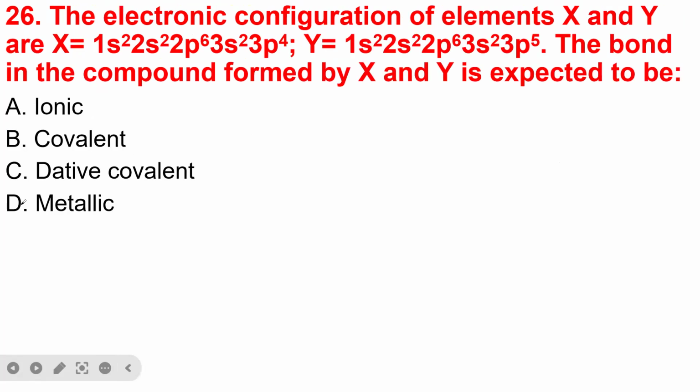Then question 26: the electronic configurations of elements X and Y are X: 1s2, 2s2, 2p6, 3s2, 3p4, and Y: 1s2, 2s2, 2p6, 3s2, 3p5. The bond in the compound formed by X and Y is expected to be what?